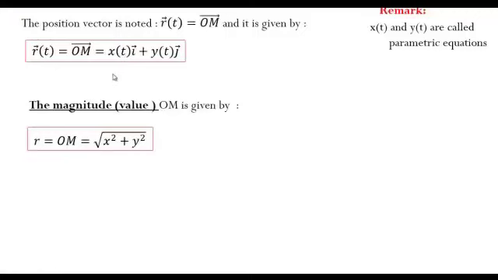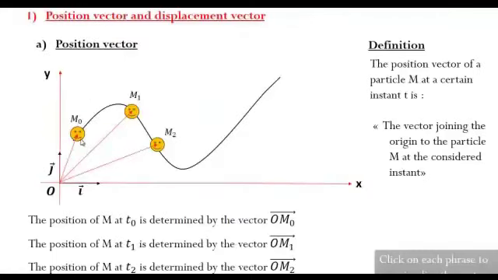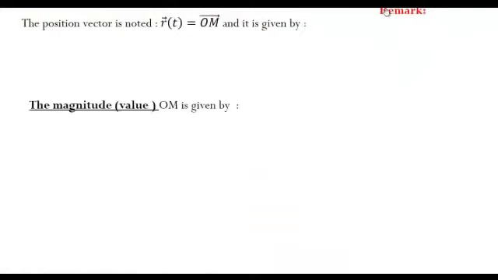This means each time the object is moving, x is changing and y is changing. So x is changing with respect to time, and y also is changing with respect to time. This is why x and y are called parametric equations depending on the time.